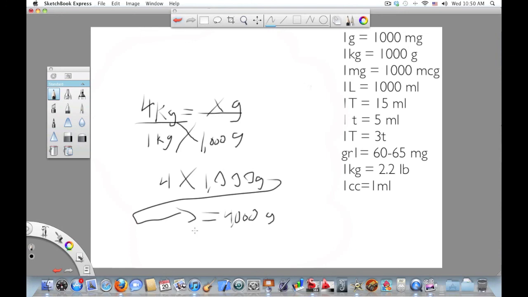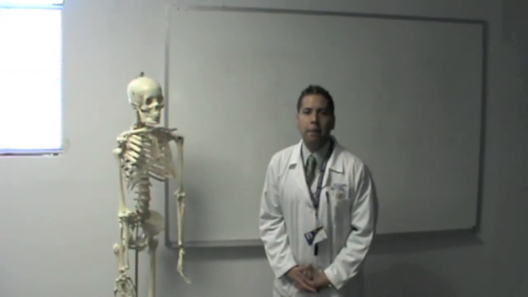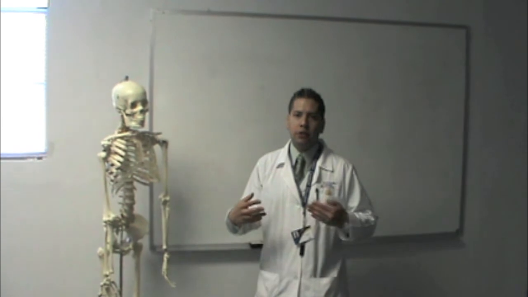So now you know that 4 kilograms is equal to 4,000 grams. Okay, class, that was my basic and easy way to do conversions.